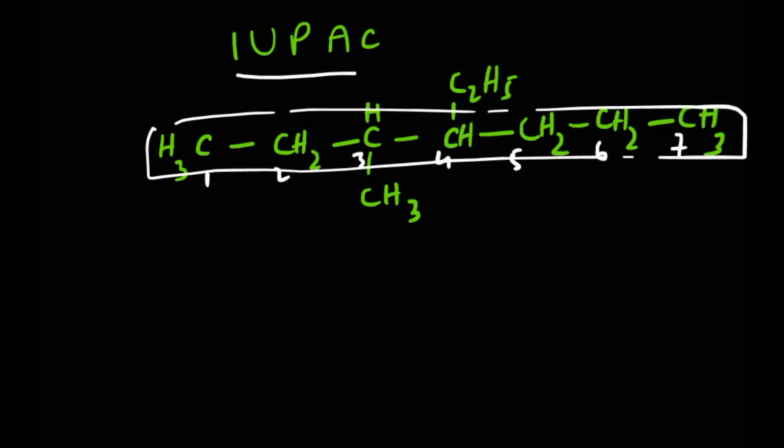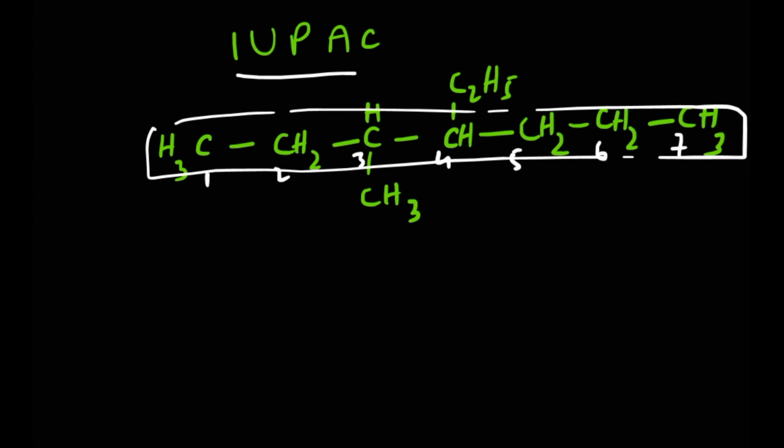Now according to the second rule, we have to see the branch carbon atom. The branch carbon atom gets the lowest possible number. Here we can count the numbering from here, or from here, 1 2 3 4. So in which direction should we count? We should follow that direction where the branch chain comes first.